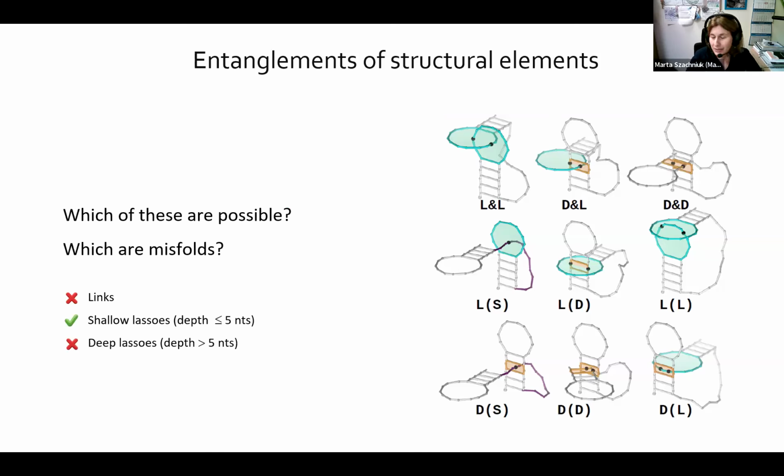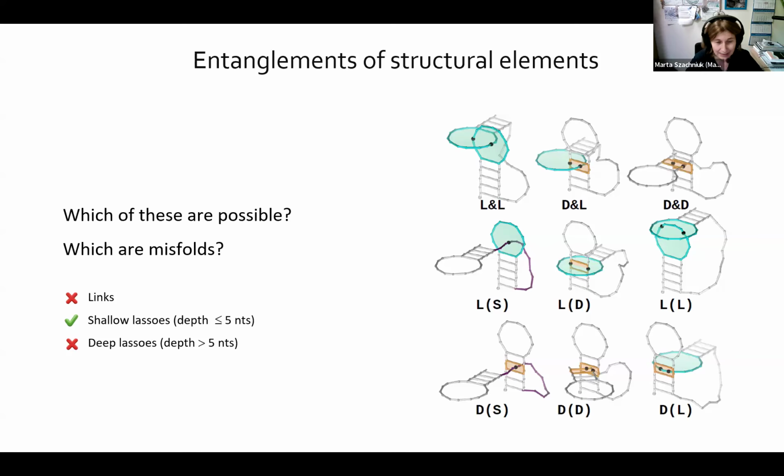Okay, once we defined those theoretical types, we asked a question whether all of these types are possible, whether they can form in nature, in biological molecules, and maybe some of them are misfolds.